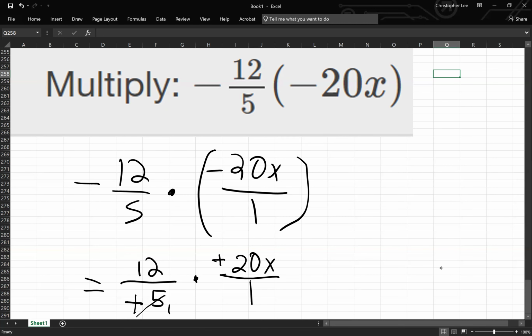Because I'm thinking 5 goes into 5 once, 5 goes into 40 four times. And then 4 times 12 is 68. No, 48, excuse me. That's how I would do it.